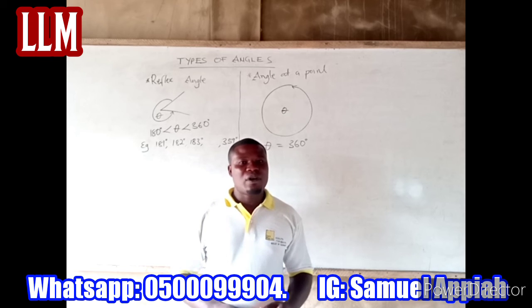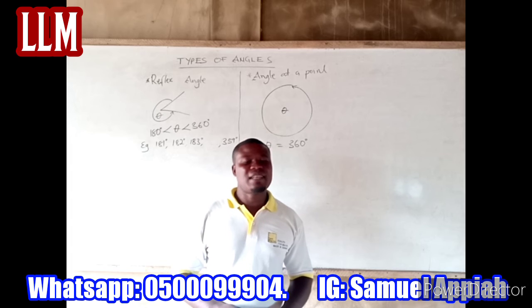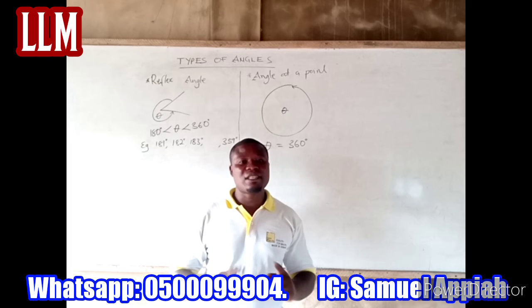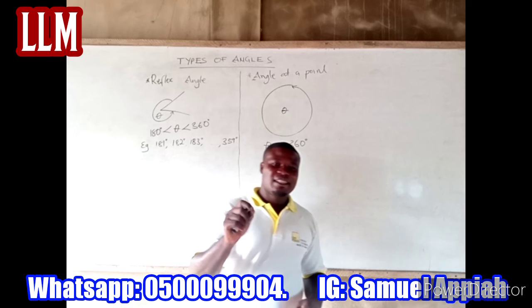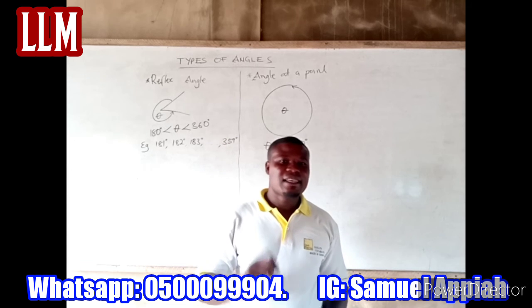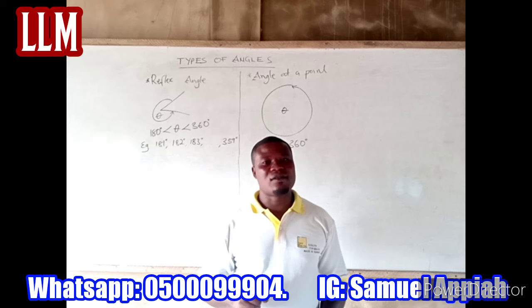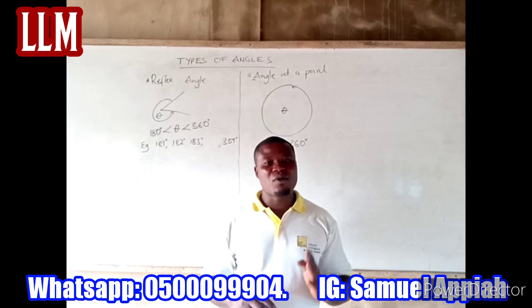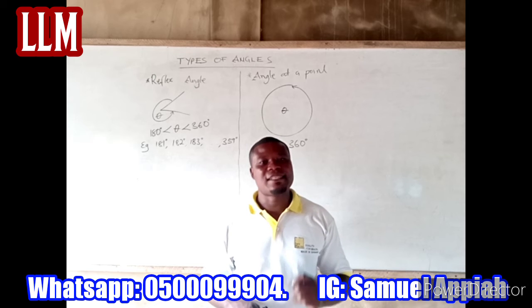We moved on to right angle, which is any angle equal to 90 degrees. So when two perpendicular lines meet, they form what we call a right angle.